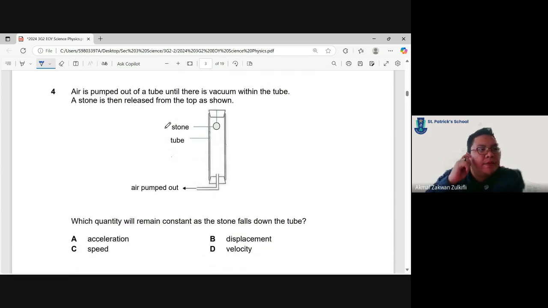Pumped out until it's vacuum and then released as it drops, right? What quantity remains constant?